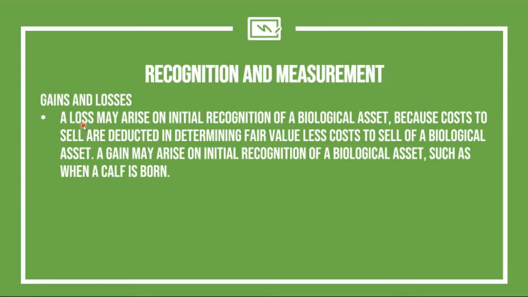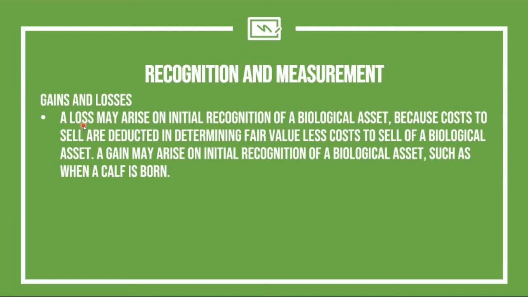So let's say, for example, when there is harvest, after you harvested, you determine the fair value to be, let's say, because it is not yet fully mature, the harvest was only valued at, let's say, 50,000. But then the cost to sell was already 60,000. So meaning there is already an initial loss of 10,000.